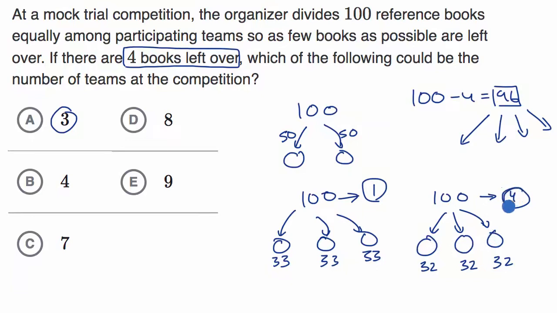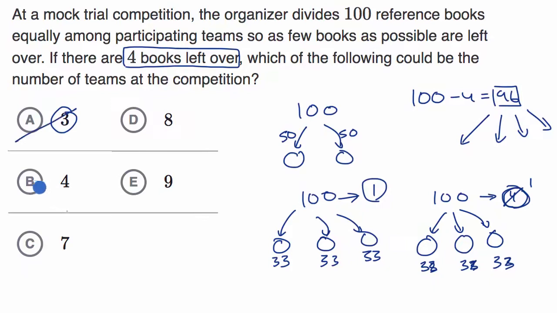If you have 4 left over with 3 teams, you can give everyone another book. So you could take 3 here, so you only have 1 left over, and go to 33 per team. Because 3 is less than or equal to 4, you wouldn't have 4 left over. You could still give each team an extra book. So we'd rule that one out.